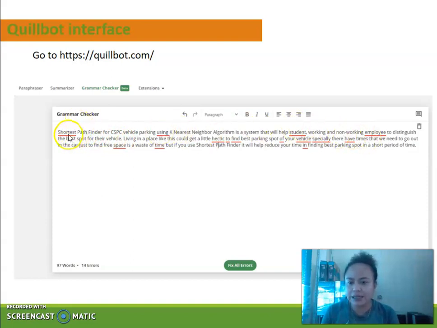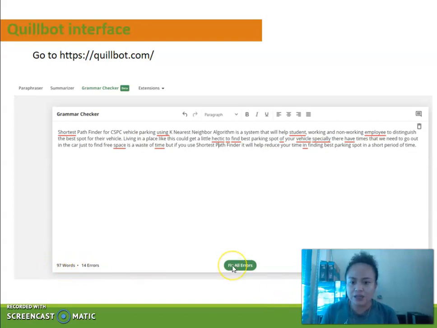Lahat ng may line po na color red, Quillbot is saying na we can improve this word, making it more grammatically correct. At the bottom, we see that we have 97 words and 14 errors.